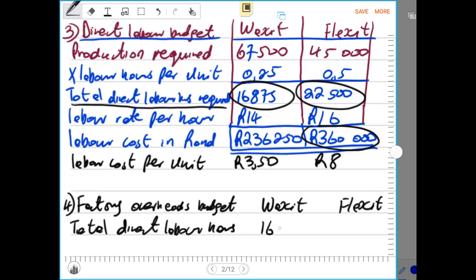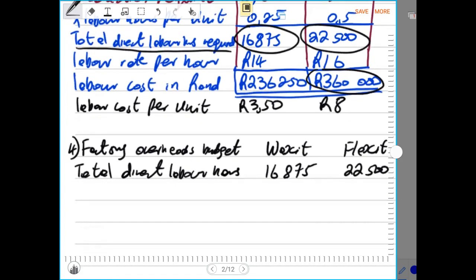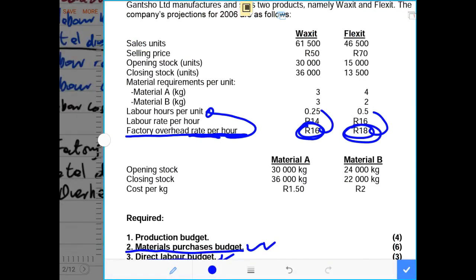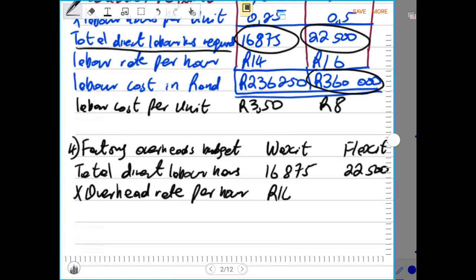Therefore, now we say 16,875, and here it will be 22,500. Then we multiply by the overhead rate per hour, which is given for the overheads as 16 rand, and here is our 18 rand. So 16,875 multiplied by 16 gives us 270,000 rand.